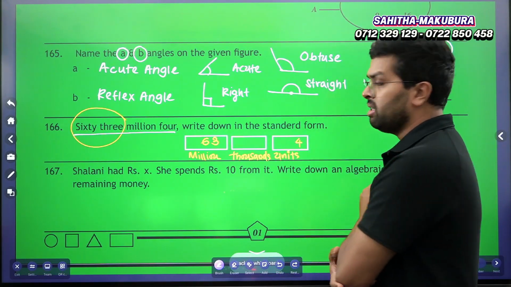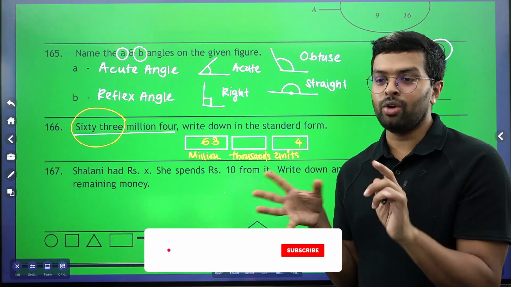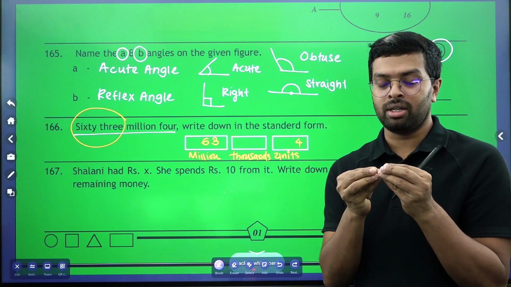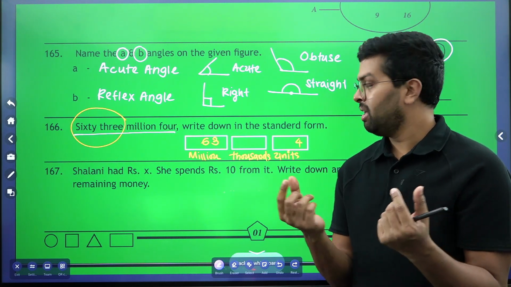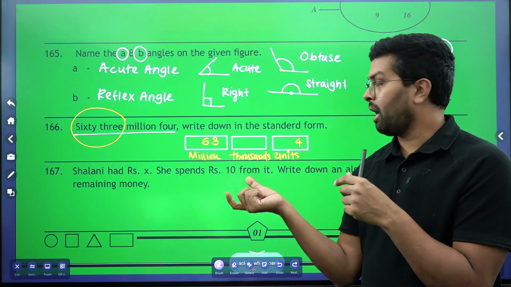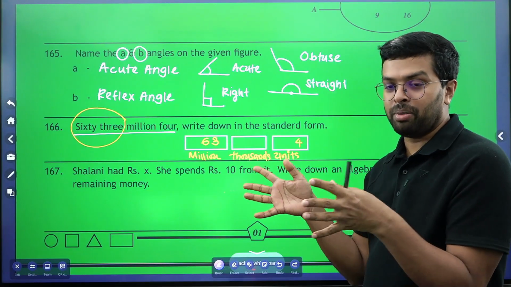Is this correct? So in between, what do we need to do? In order to get the correct answer, each number period should be completed with 3 digits, right? Even though you don't have anything here, you can't keep it blank.